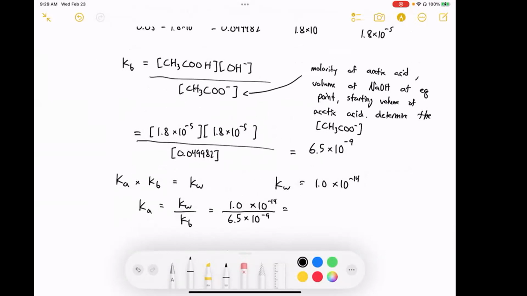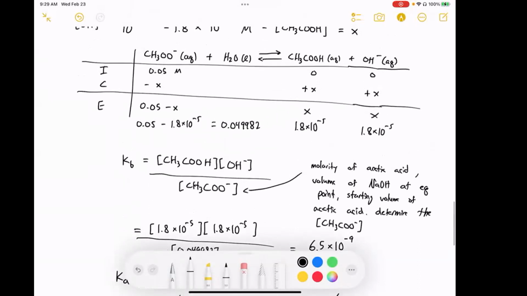And we get something really close to 1.5 times 10 to the negative 6. All right, so that's our Ka.